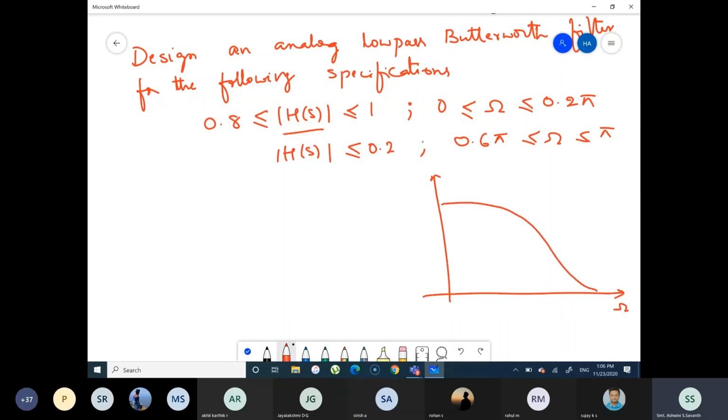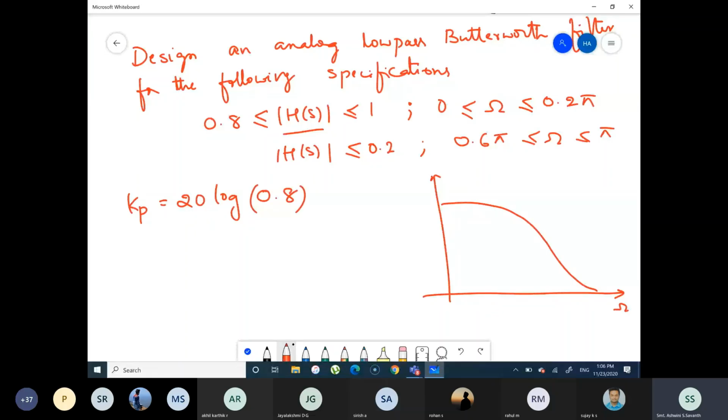So low pass, and he's given you the magnitudes, right? So you have to find the decibel, because for our design, all the equations that we have for Butterworth are in decibels. So it's better to convert that first. So what is Kp? 20 log of 1 minus delta p, right? That is 0.8 in this case.